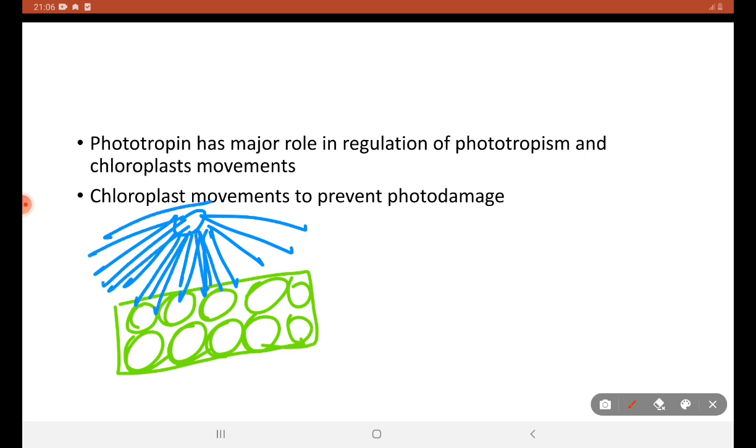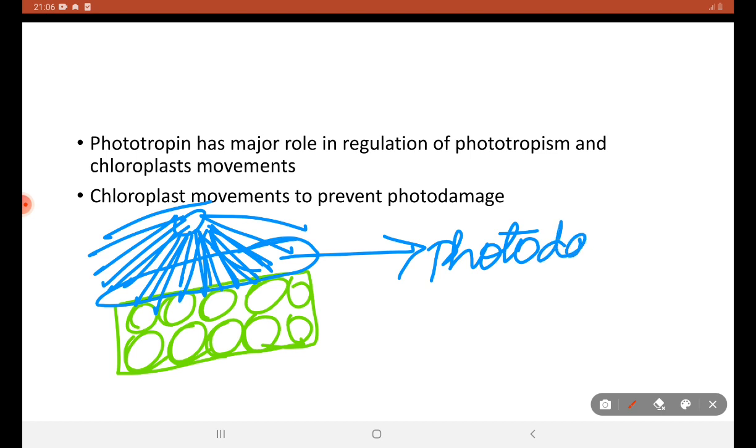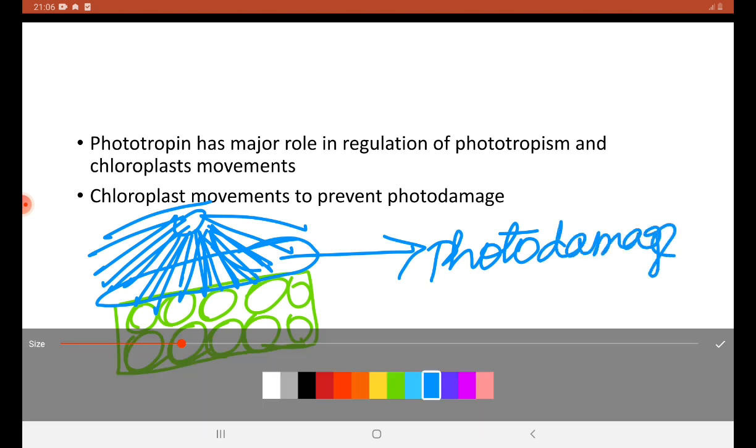When exposed to high intensity of light, photo damage will occur in the region directly exposed to light.